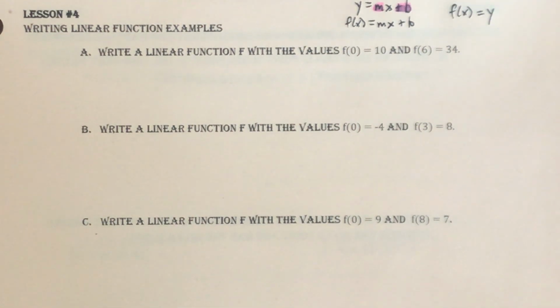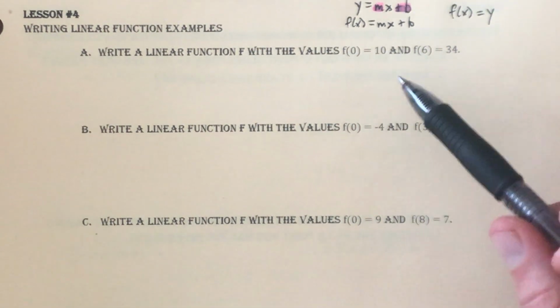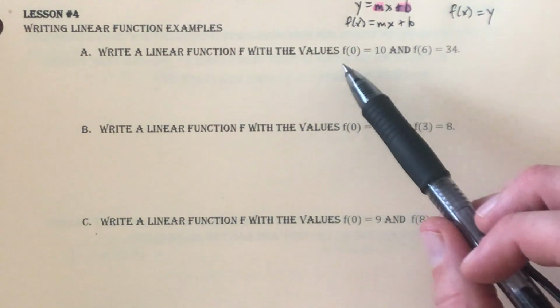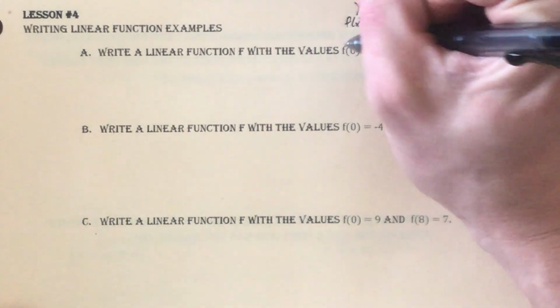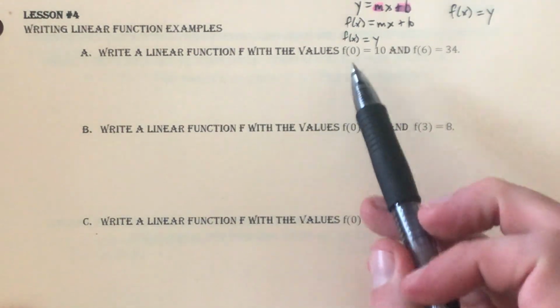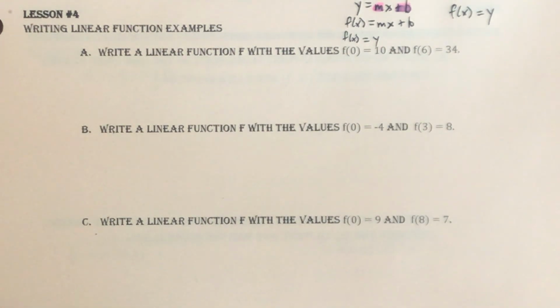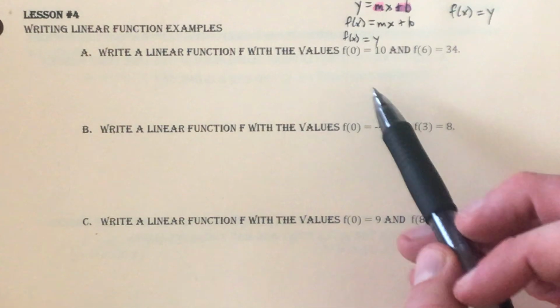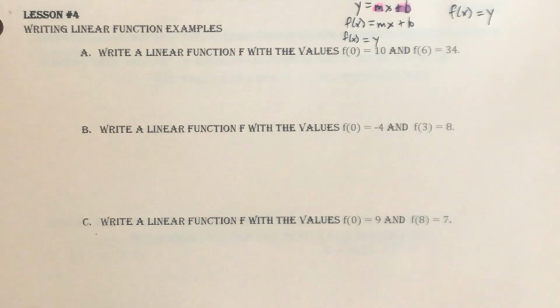So what we're seeing when we look at these functions is that they've given us f of x equals y. That's really what f of 0 equals 10 means, right? The 0 is in place of the x, the 10 is in place of the y. So we want to keep that in mind.